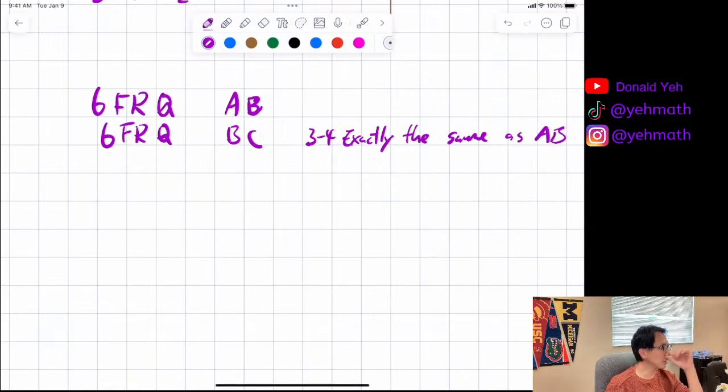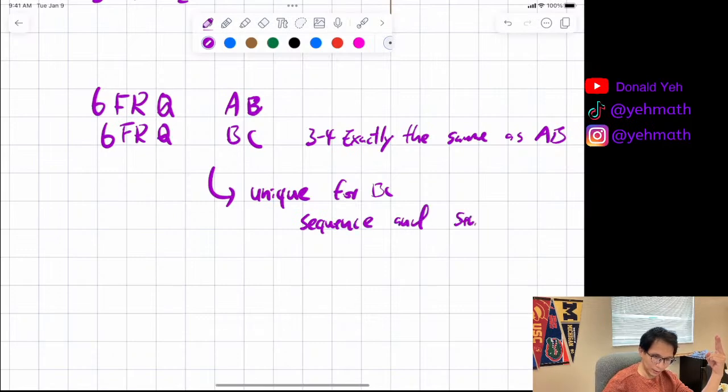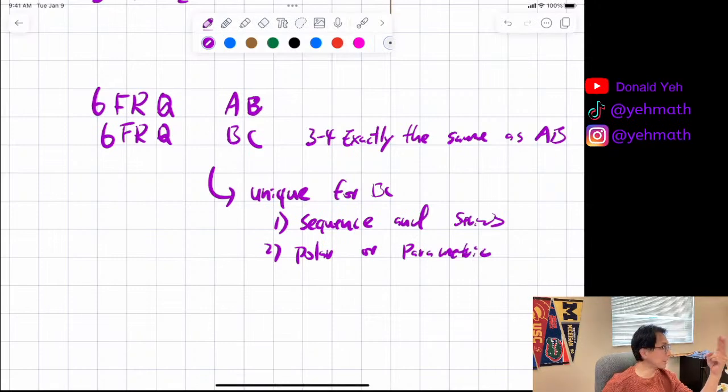Usually 4 questions. The only 2 questions unique to BC are the sequence and series, and the second one is going to be polar or parametric. Even for parametric, you have to figure it out because parametric is kinematics.